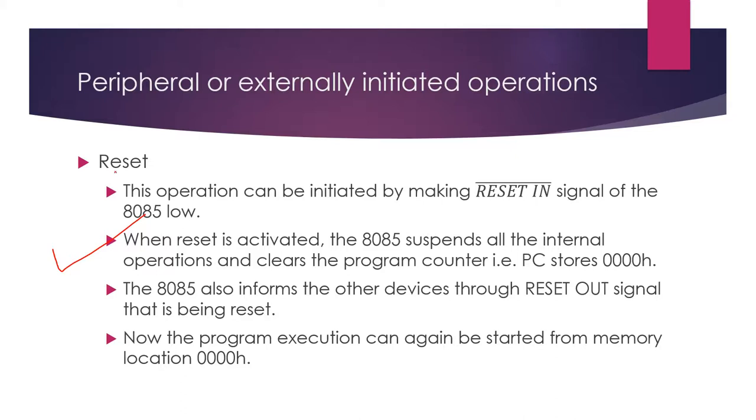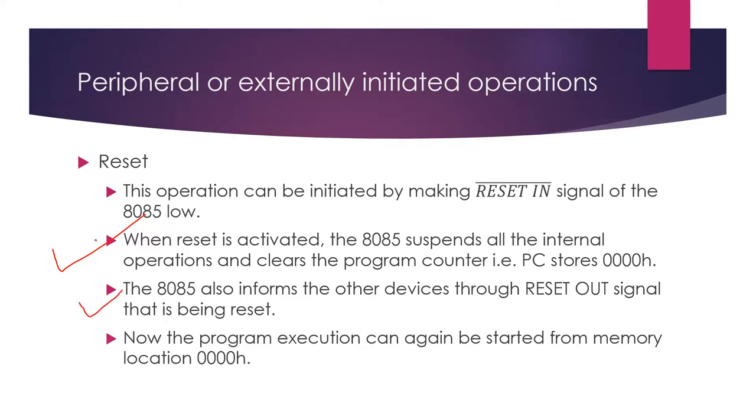So if anyone asks what the program counter content will be after the execution of the reset pin, it will be 0. Whenever the microprocessor starts resetting, it also redirects this reset signal to other devices directly connected to it by using the reset out signal.